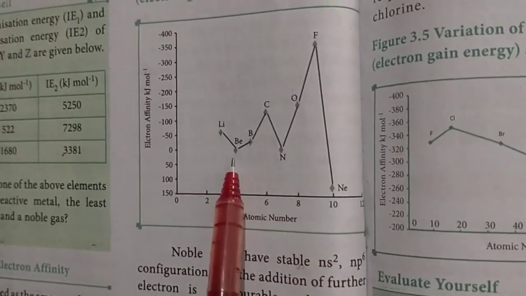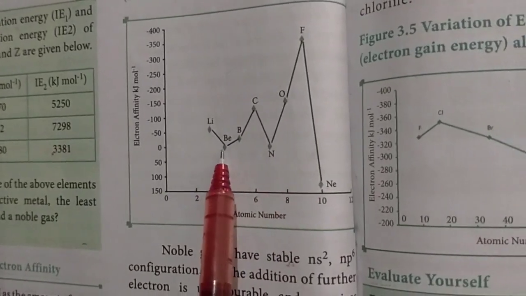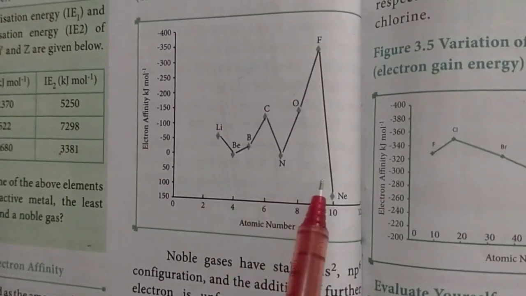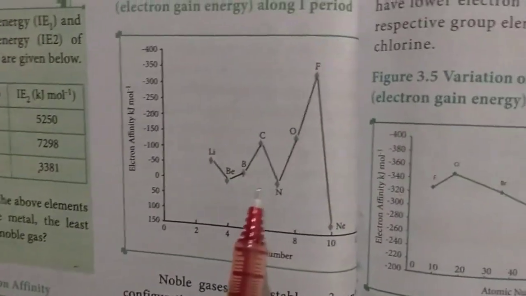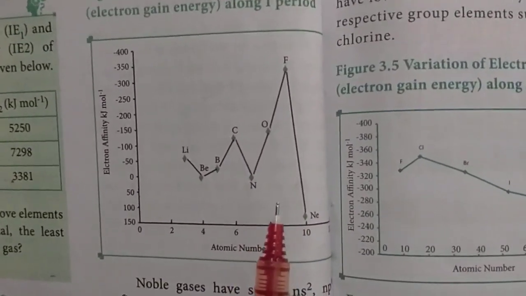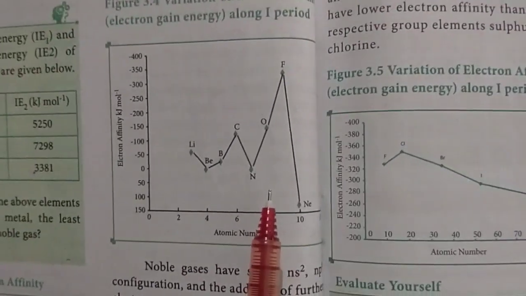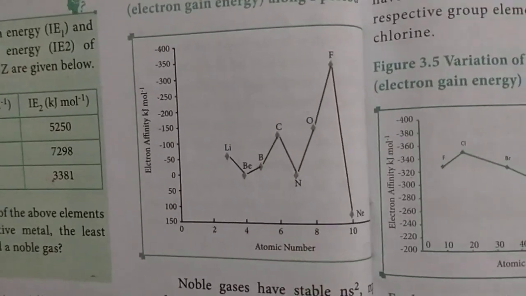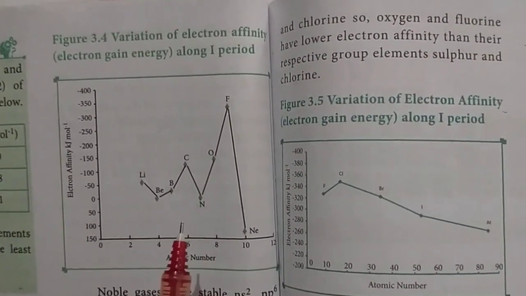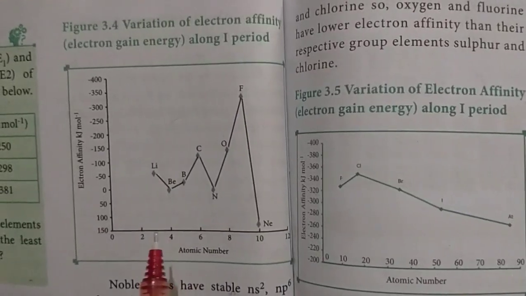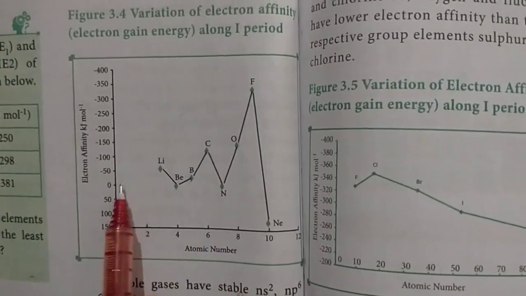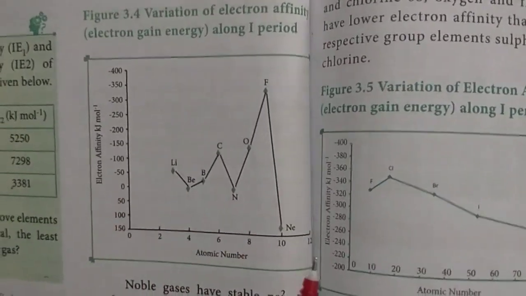Because beryllium contains a completely filled orbital and nitrogen contains a half-filled orbital. Adding an electron to beryllium and nitrogen will disturb their stability. Because of this electronic configuration stability, the electron affinity of beryllium and nitrogen is almost zero.